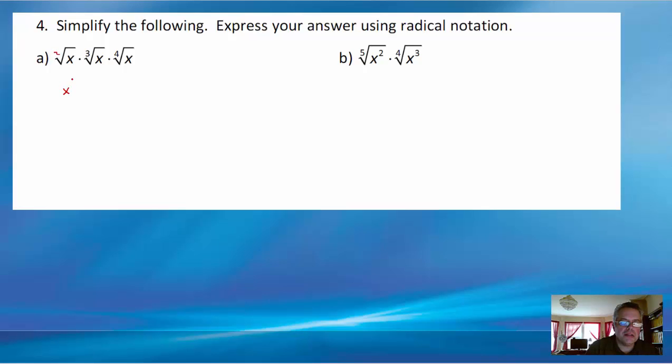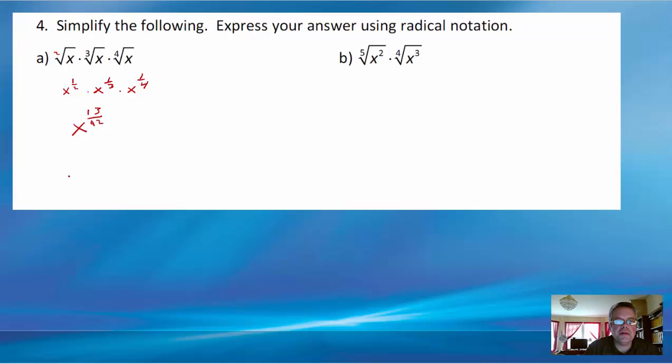So this is x to the 1/2, this is x to the 1/3, and this would be x to the 1/4. Now that it's in exponential notation, we can just add the exponents. This would be x to the 1/2 plus 1/3 plus 1/4, which is 13/12. To do this, it's helpful to have a calculator that does fractions.